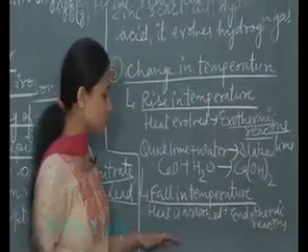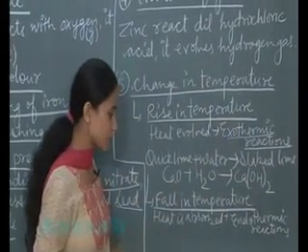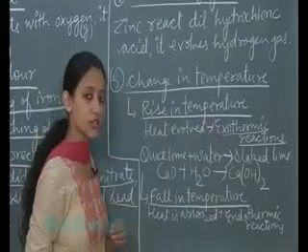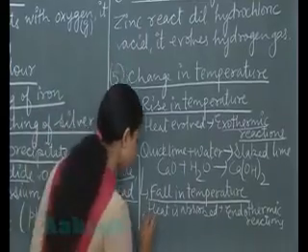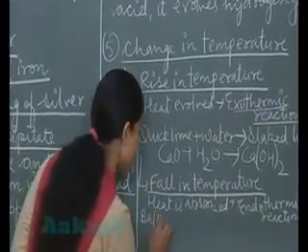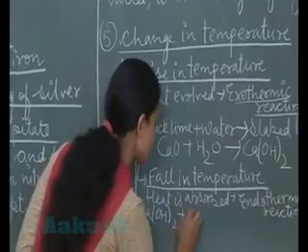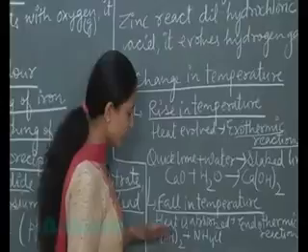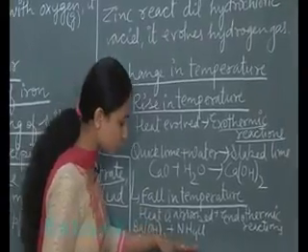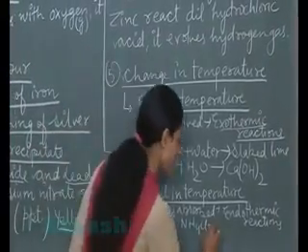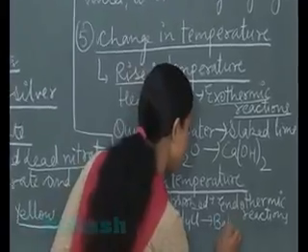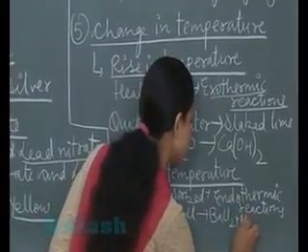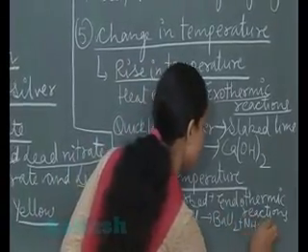Students, a well-known example of a reaction in which a fall in temperature is observed is the reaction between barium hydroxide and ammonium chloride. When this reaction occurs, there is the formation of barium chloride, ammonia, NH3, and water.